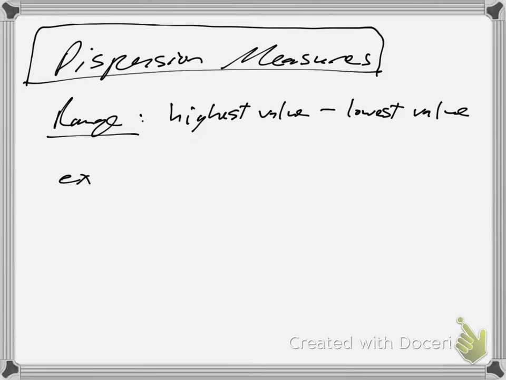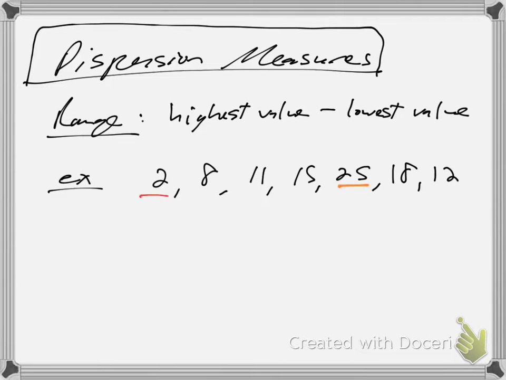So if I've got a data set where the highest value is 25 and the lowest value is 2, the range is just 25 minus 2, which is 23. Okay, so that's the range.